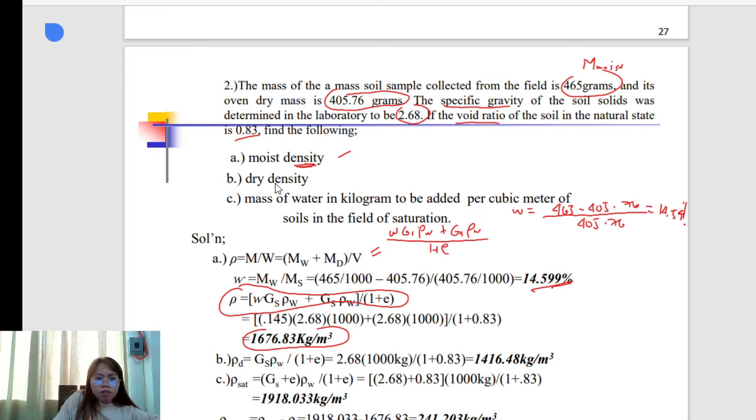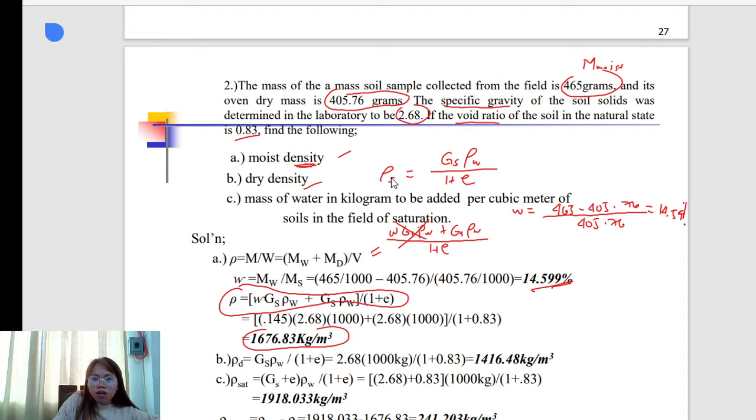And for the dry density, since it is dry, this is the weight of the solid, that is specific gravity times the density of water over 1 plus e. So the water part disappears.